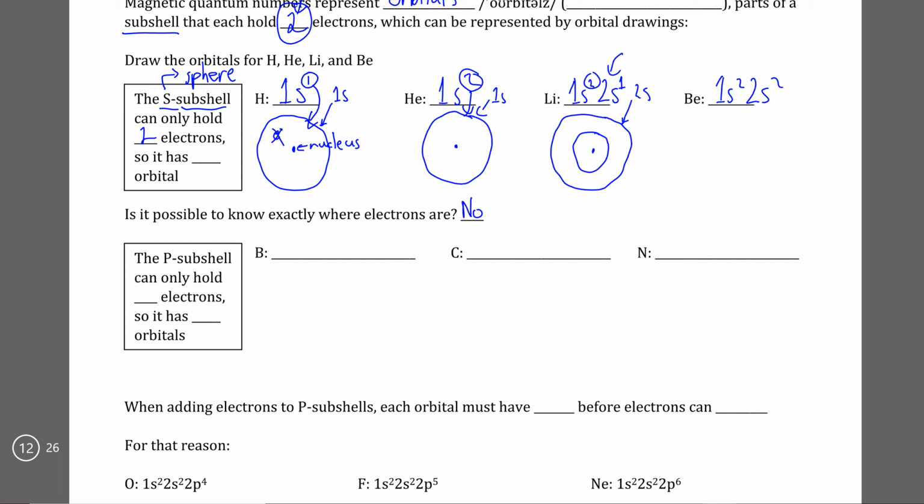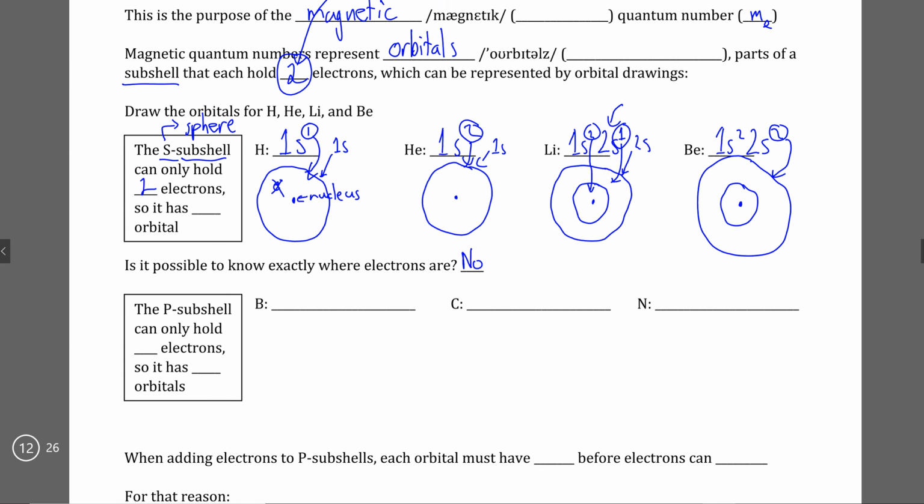Again, lithium's 2 1s electrons are somewhere in the 1s subshell here, and the 1 2s electron is floating somewhere around in here. Again, we don't know where they are, but they are somewhere there. Beryllium would look exactly the same. Here is our nucleus with the 1s subshell and the 2s subshell. The only difference is that beryllium has 2 electrons floating in here.